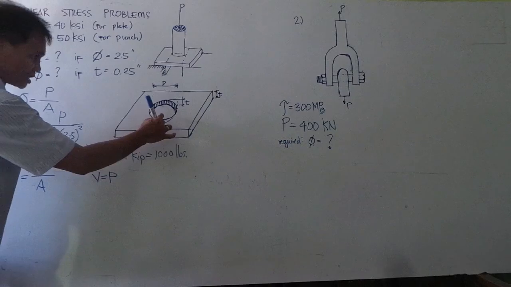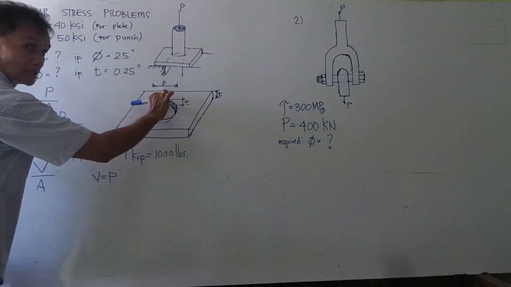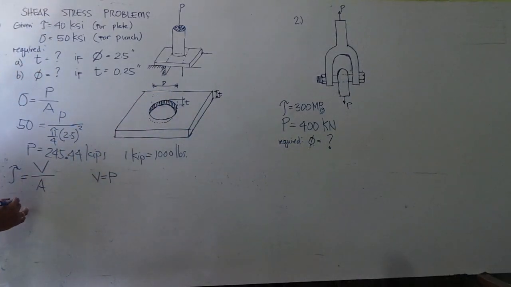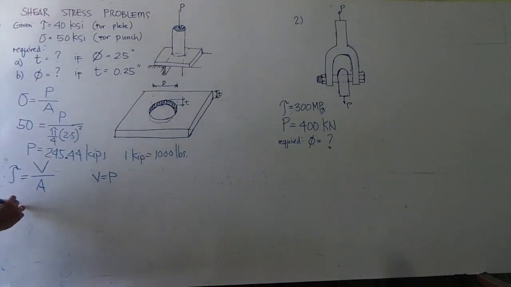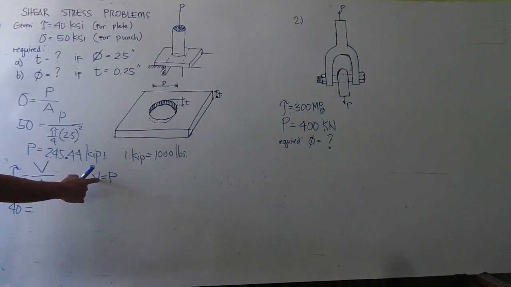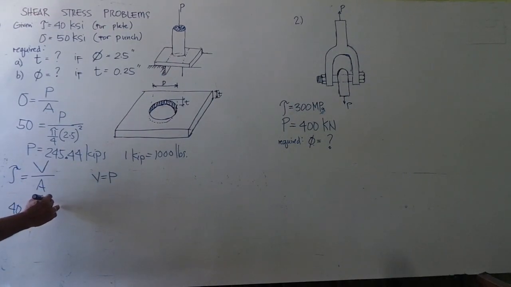The circumference times the thickness. So you have your shear stress equal to 40 ksi. This one, your V, is equal to P, which is 245.44 kips. So the kips cancel.